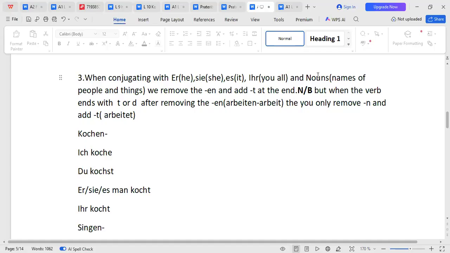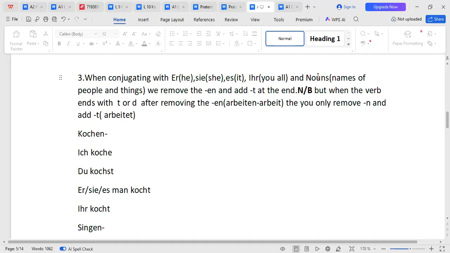And the nouns. Nouns are the names of people like Benjamin, Liz, and so on.